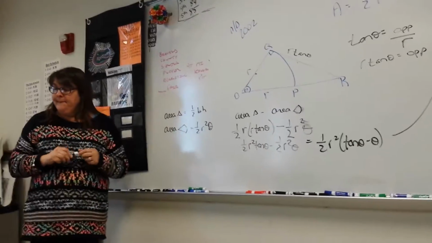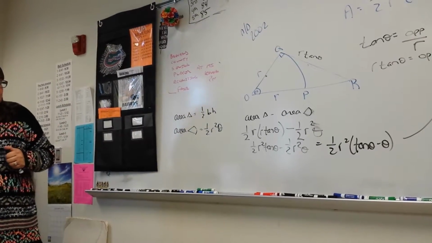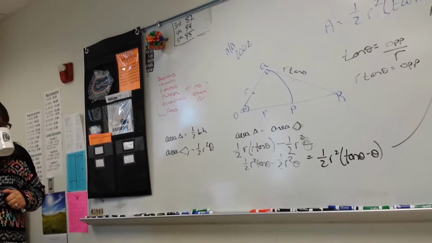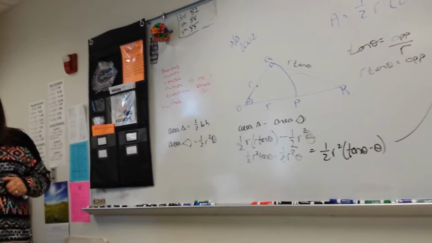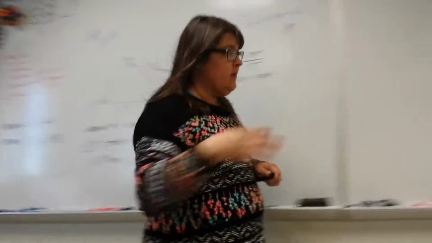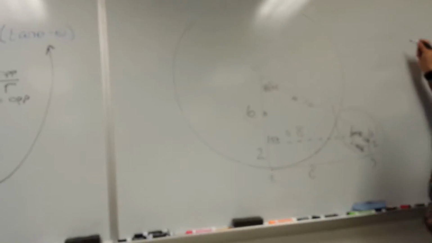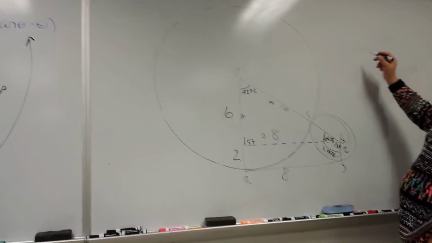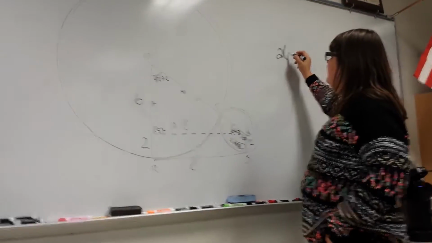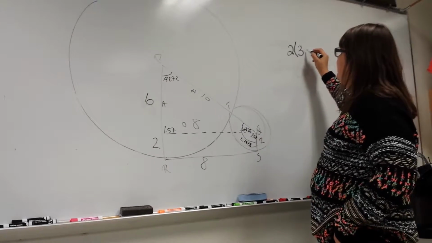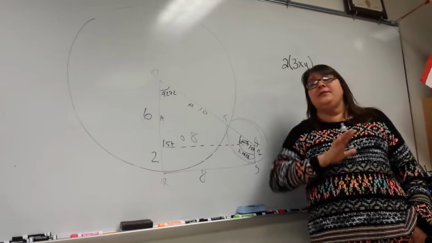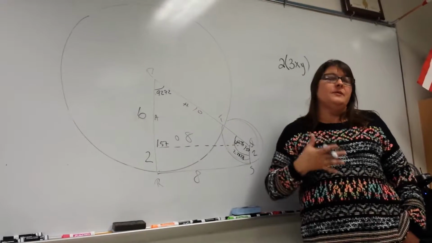When you multiplied the 1/2 r squared to the tan theta, how come the r didn't distribute twice? That's a really good question. Let's look at a generic example over here. Let's say I have 2 times 3xy. It's very different looking than that, but the concept would be the same.